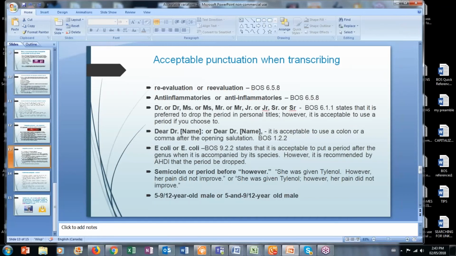Okay, some more acceptable punctuation: reevaluation and anti-inflammatories. The first two are both the exact same rule. When you have double vowels coming together, it is acceptable to type it as one word or have it hyphenated. Per the book of style, 6.5.8, the industry is trending away from using the hyphen in double vowel words unless they can be confused, like the word recreation.